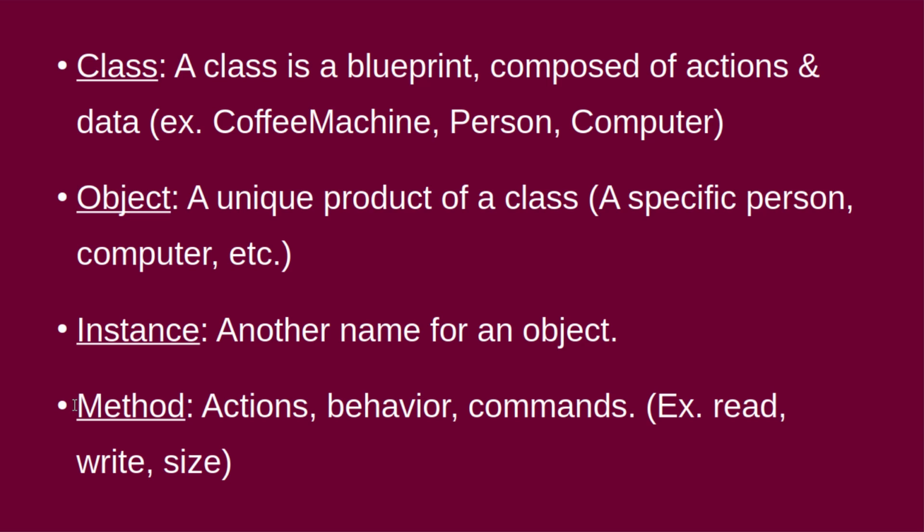So now we're going to cover what a method is. Well, a method is actions, behavior, and commands, right? So it's things like read, write, size, right? Size is not an action, but you are asking for something. You're asking for the size of something, like the size of a string or the size of an array, right? The size of an array is how many elements are inside the array, inside the list, right?